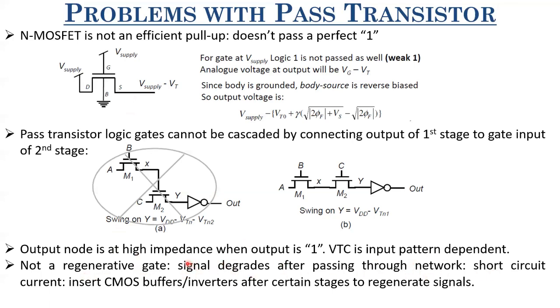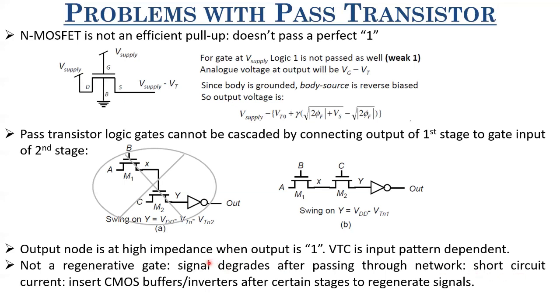Since it's non-regenerative, the rise time will be large as you walk through the network, and the signal will be quite delayed. The pulses won't have steep rise and fall times because the gate is not regenerative. Because of that, short circuit currents and short circuit power dissipation would be introduced.